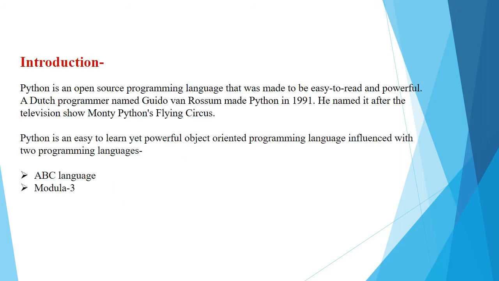Now let's start the introduction part first. As you know students, in the current scenario we are using different programming languages like C++, C, Java, Python, Perl, .NET. Among all these languages, Python has gained so much popularity. Why is it popular now? Because the code written in Python is very easy to understand and read, as it is written in very English-like language.